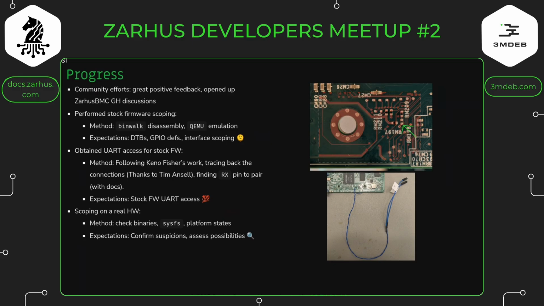Since in the future we have to assess the GPIO definitions, it would greatly reduce the number of GPIOs we have to probe, because there are like 200-something GPIOs on the Aspeed AST2400, and this reduced the number to about 15. So it's a big improvement.